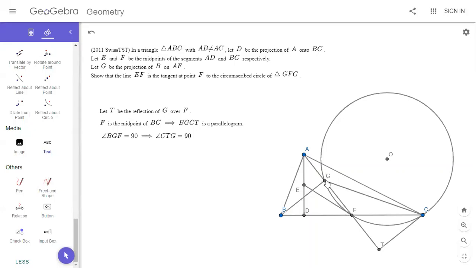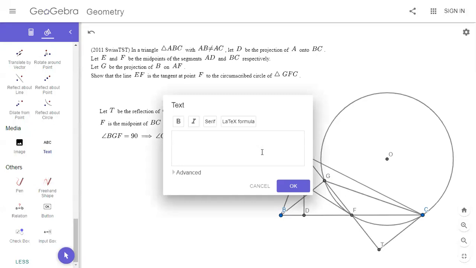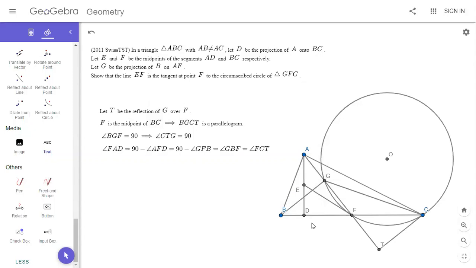So angle FAD is equal to, I'll write it like this, CT. Okay. So that means that FAD, well, but we already knew that.